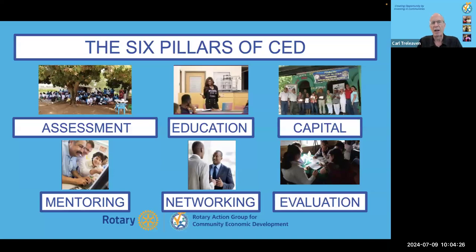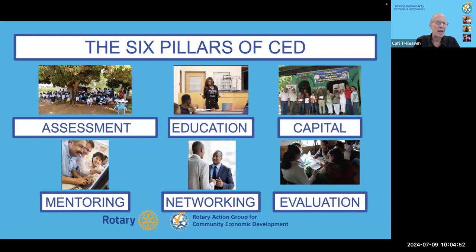A different way to think about it, besides the types of projects we do, is in what we refer to as the 6 pillars of community economic development. These are key things that are involved in pretty much every type of project we do, and you'll see this later as we discuss microfinance. The first, of course, is assessing whether a project is appropriate.